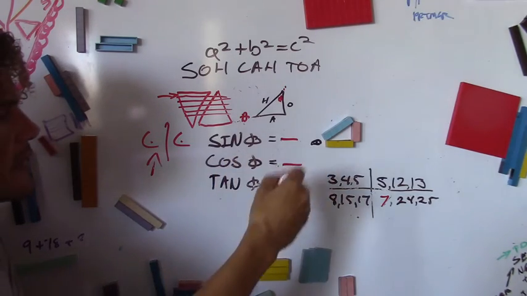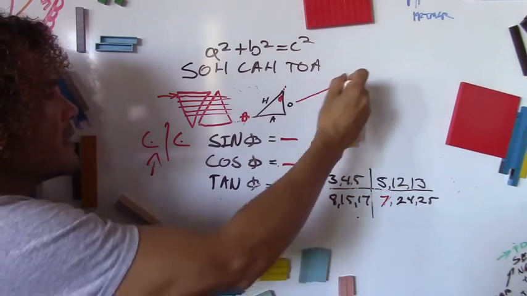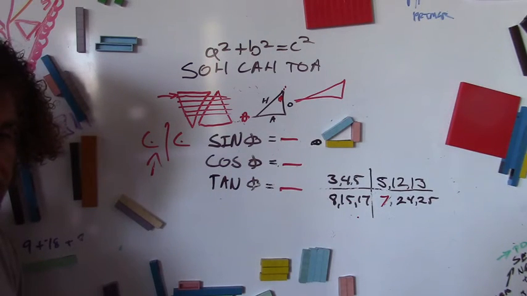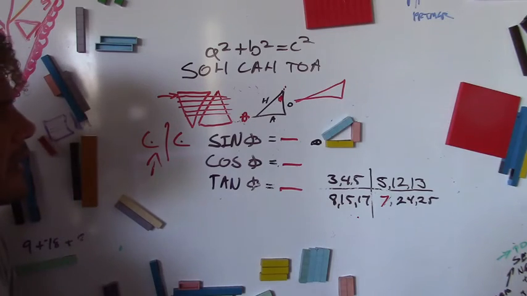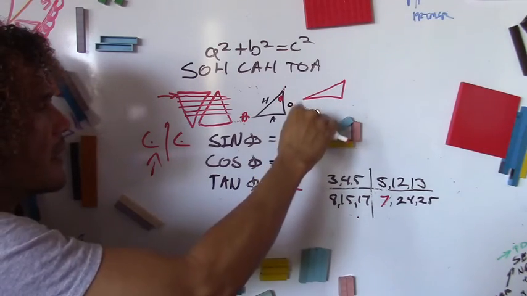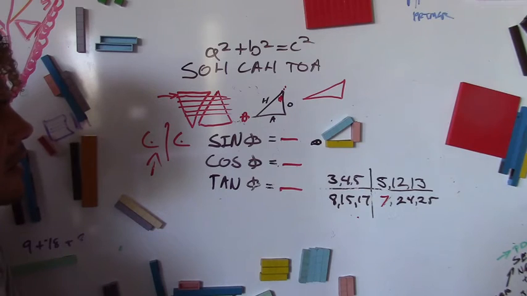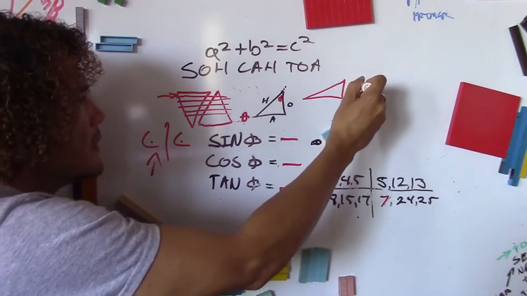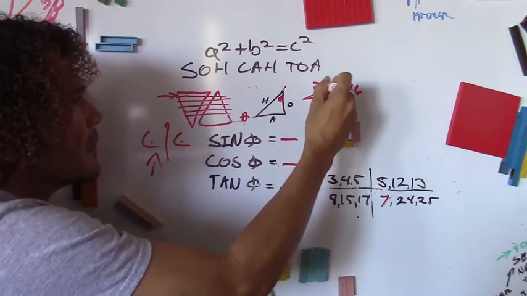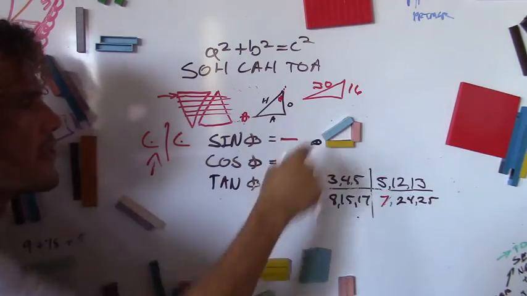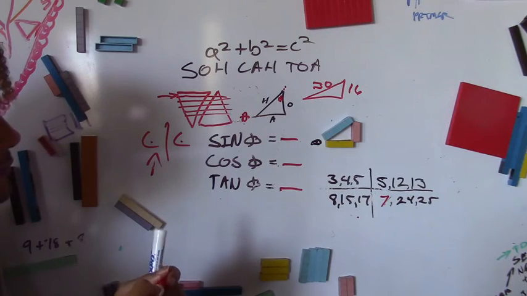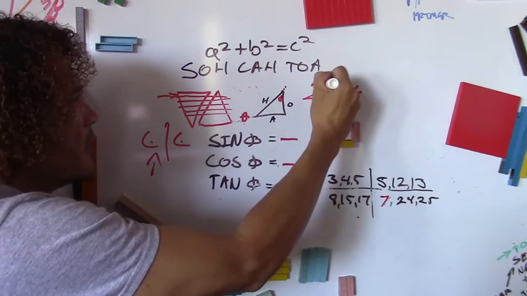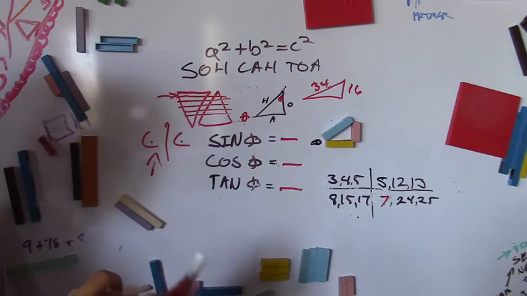So now I say I've got this, and let's do what does that have to be? Oops, I did it wrong. What does that have to be?